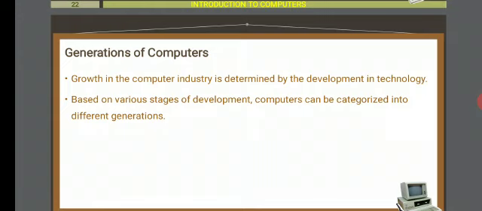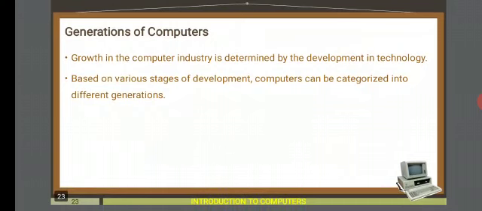In the early stages we used the first generation, which was somewhat slower. Then as the technology developed, we used faster ones, then even faster than the previous generations, like that. Now we are using sixth generation computers.